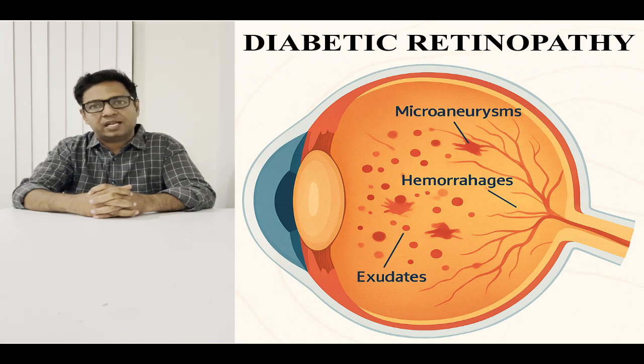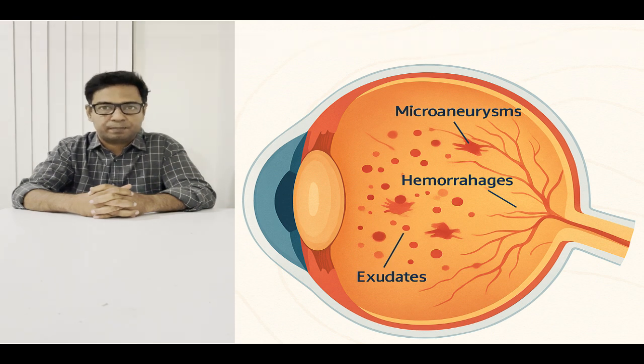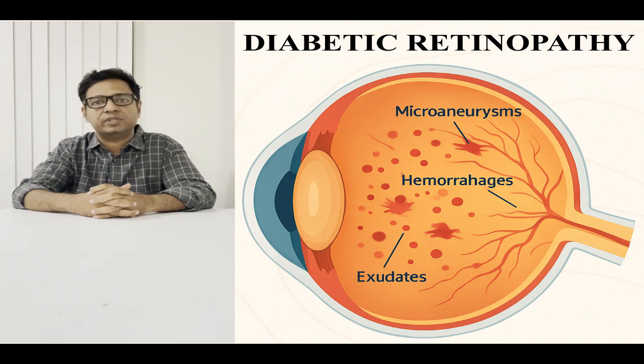It may be silent at the beginning, at the time of diagnosis, but it may manifest in the form of reduced vision, floaters, sometimes sudden vision loss. So obviously we have to diagnose it early, especially with retinal screening with the help of an ophthalmologist.